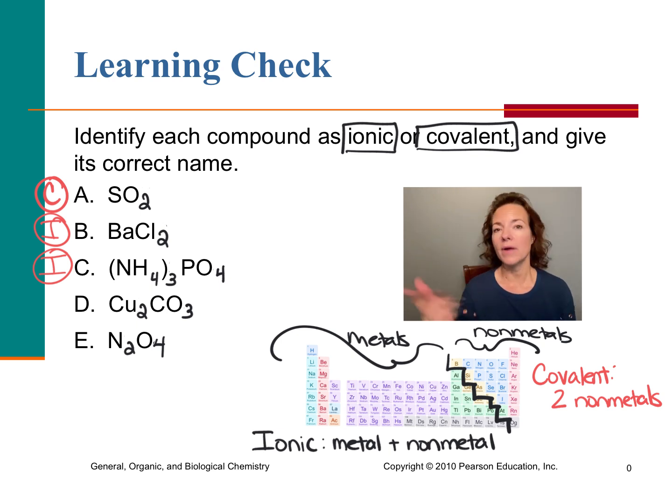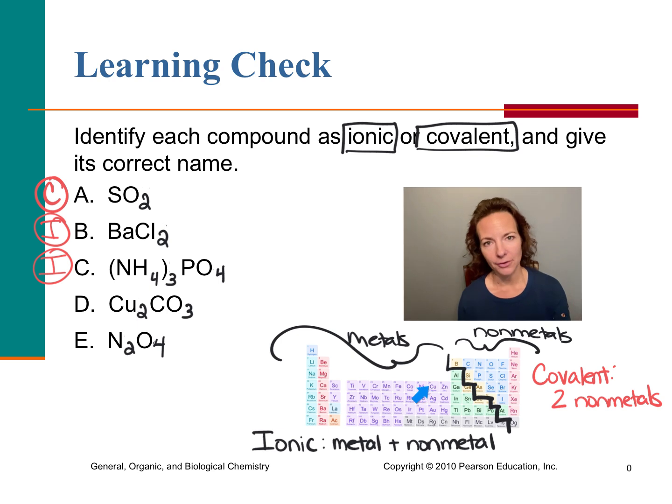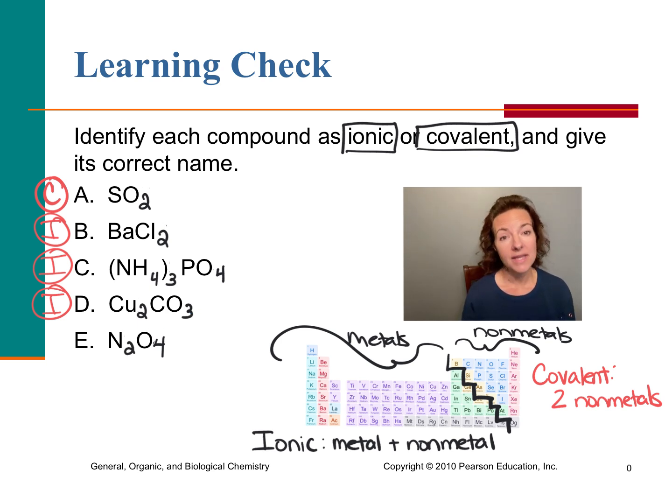Letter D, right away, copper. Hopefully you know copper, metal. As a matter of fact, hopefully you're thinking transition metal. I'm gonna need Roman numerals with the name. And then we also see CO3. Oh, polyatomic ion. Ion, ionic, okay? Now letter E, we've got nitrogen, find it on your periodic table.